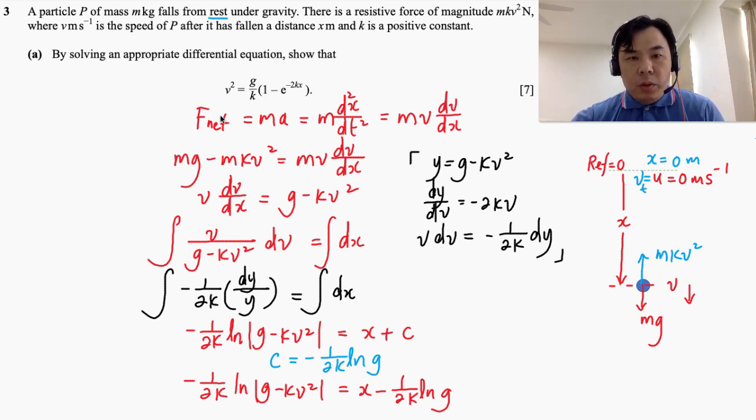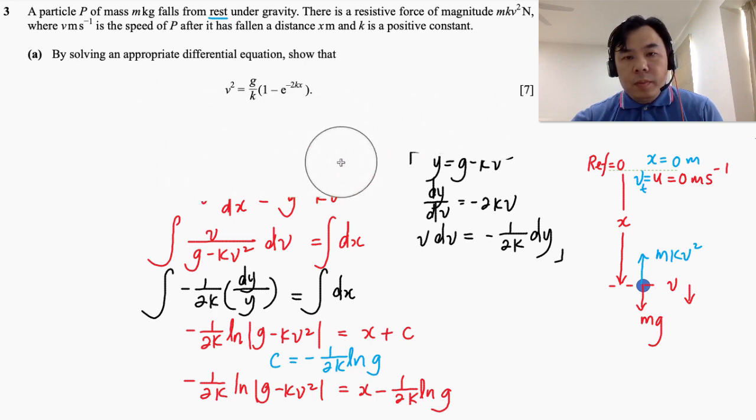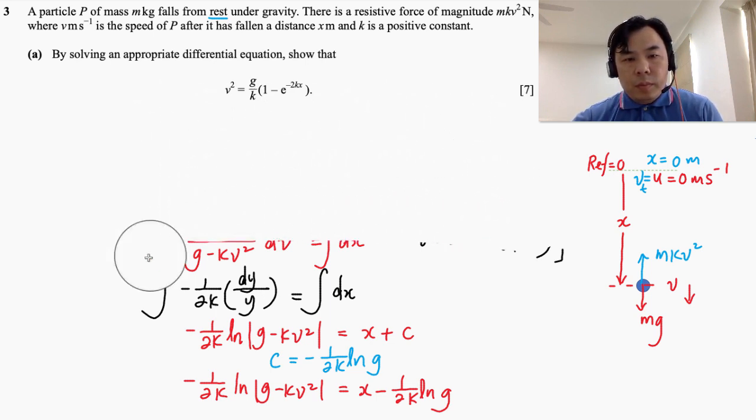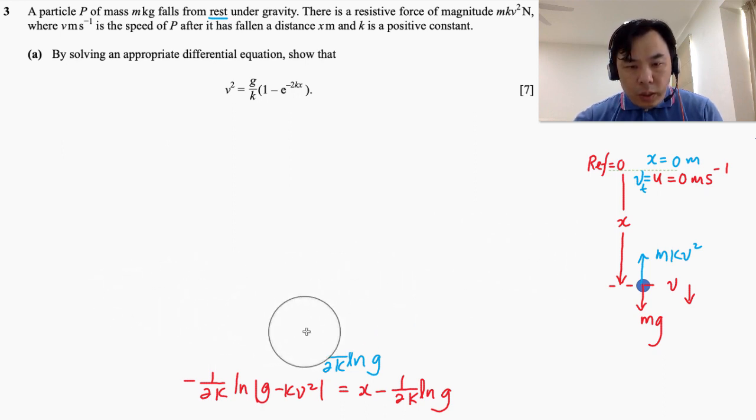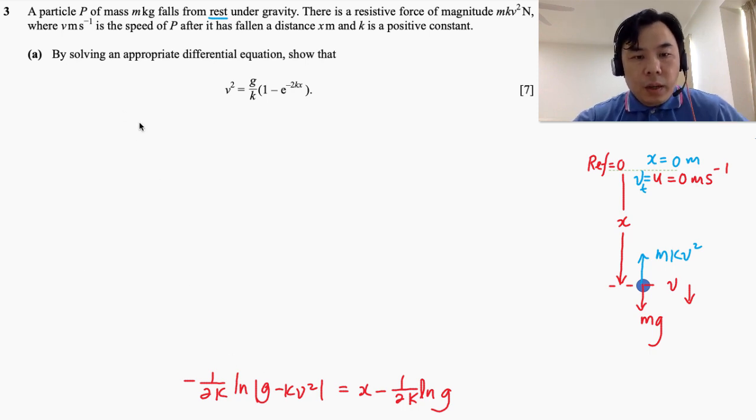Now let me clean up the rest. We don't need this anymore. We only need the final form that we have here. I'm going to rewrite this. This one looks something like this, 2k.